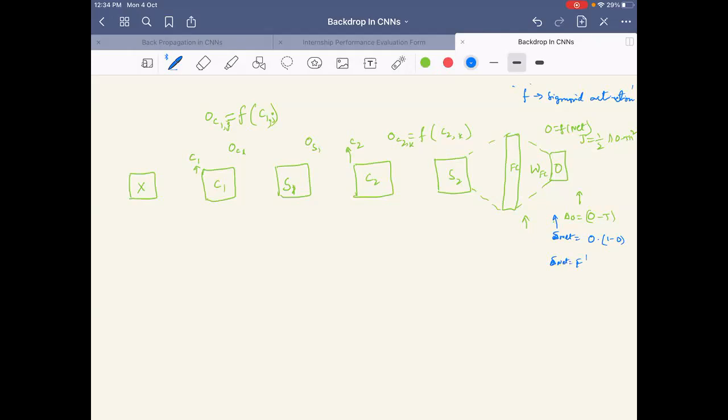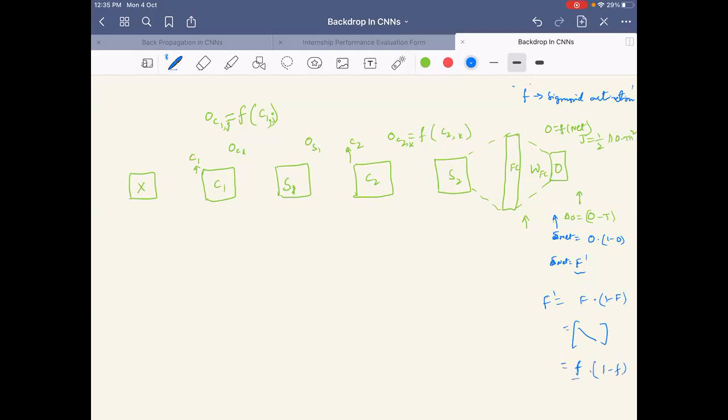So F dash for the sigmoid activation function is equal to F into 1 minus F. We are writing it as an element-wise product because we are assuming that we are only considering the diagonal. If we consider F as a diagonal matrix, we are also performing all these element-wise operations, so that can be conveniently done as a vector operation as well. F into 1 minus F.